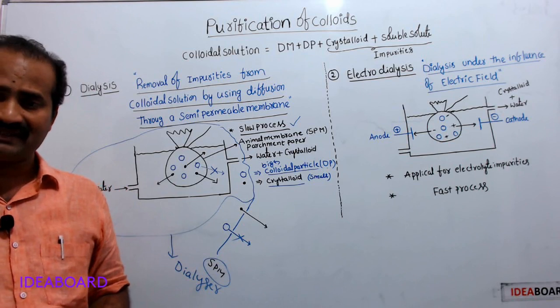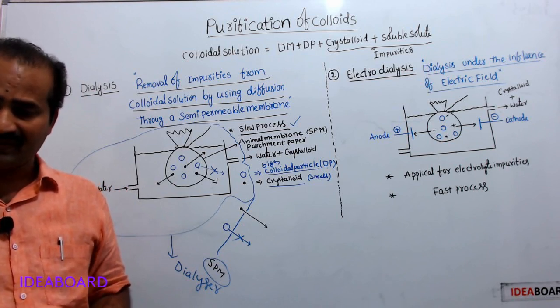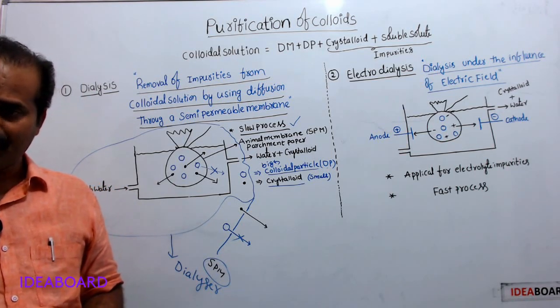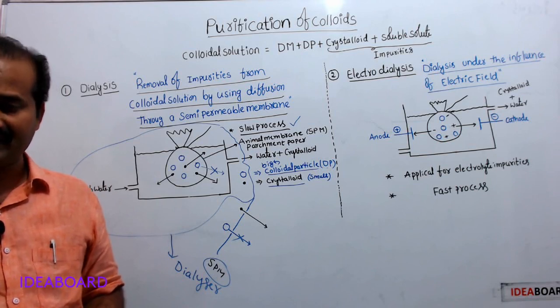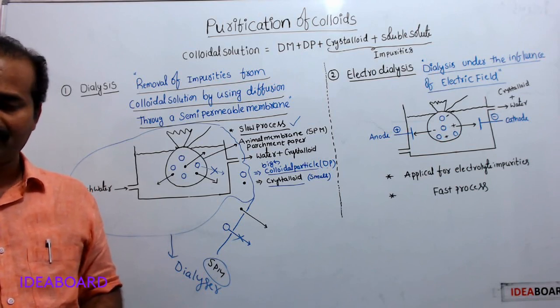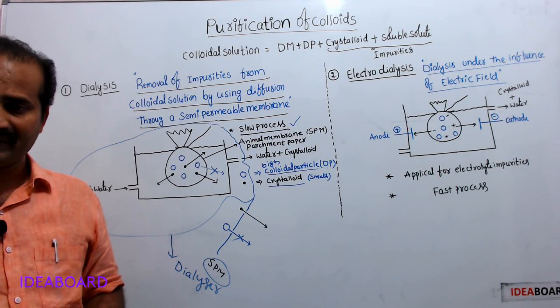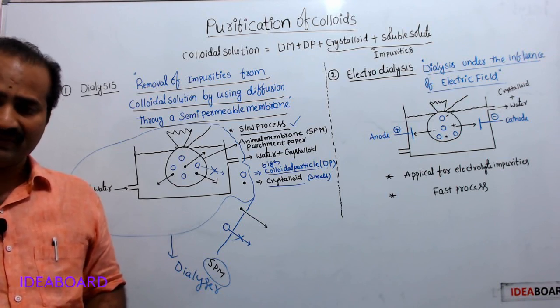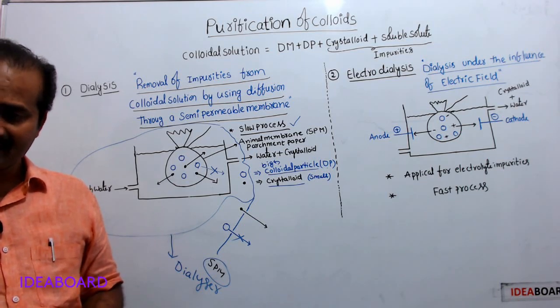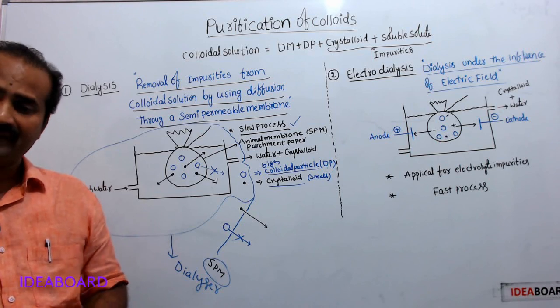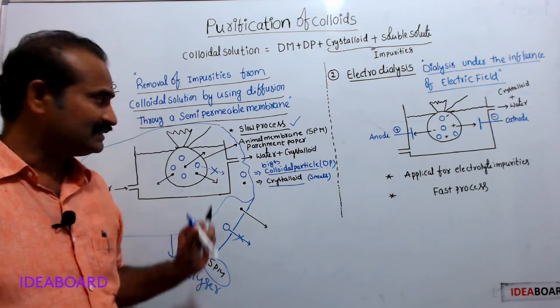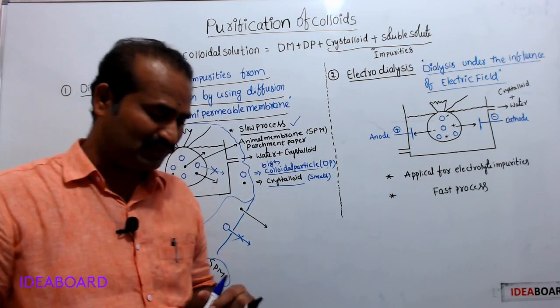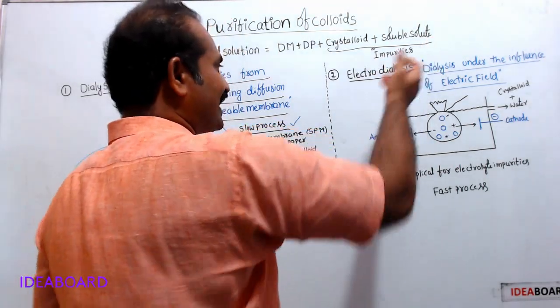Artificial dialyzers are used for the removal of impurities from blood in case of kidney patients. For patients who suffer from kidney diseases, artificial dialyzers are used for purifying their blood. Okay, this is about dialysis. Now come to electrodialysis.